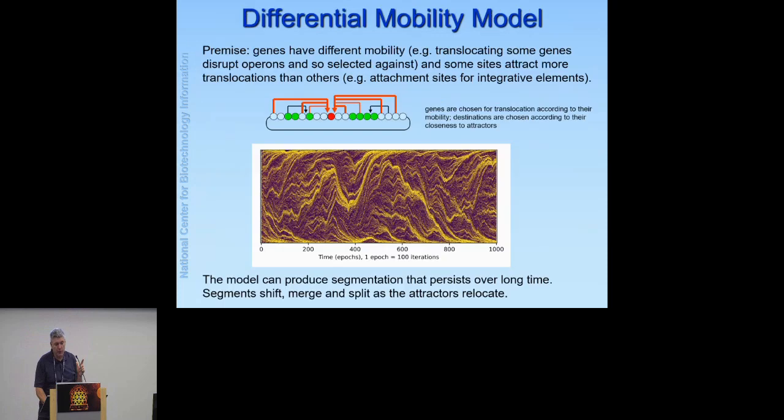Now, the second question about the assumption of the model: single gene translocations, 2 classes of genes, high and low mobility, and attractors, in the vicinity of which you are more likely to translocate than elsewhere. And this is enough to get this structure, and by varying the strength of the attractor and the differential mobility, you can fit quite well to the observed structure.